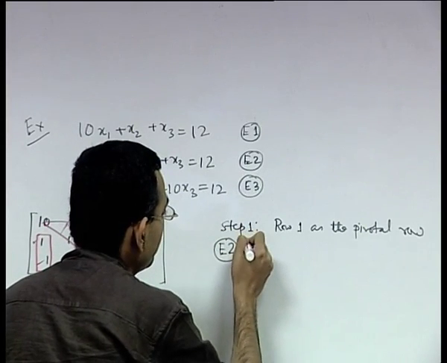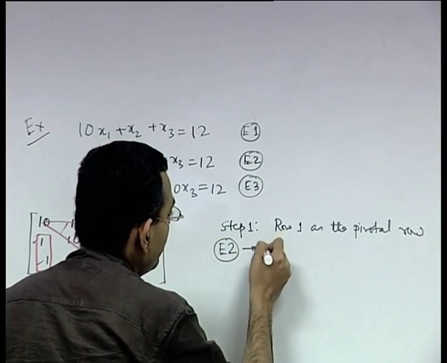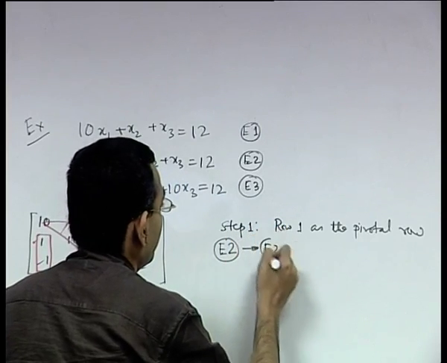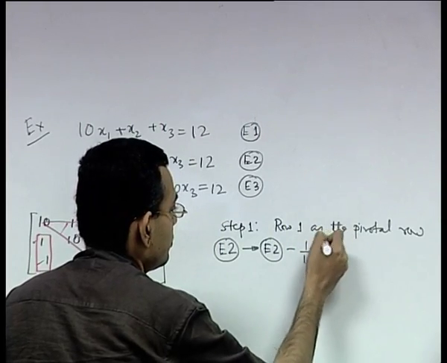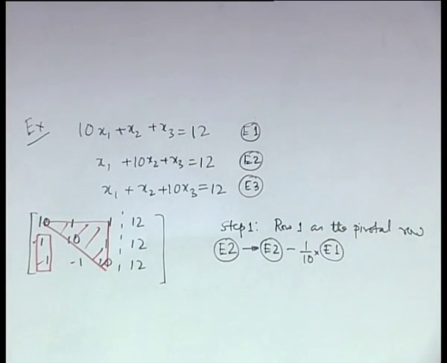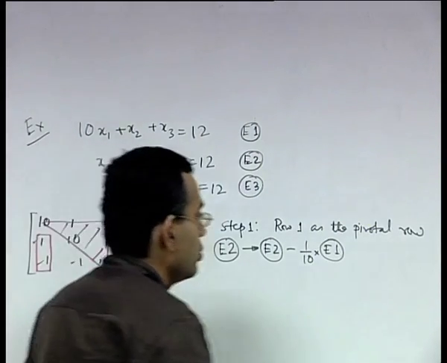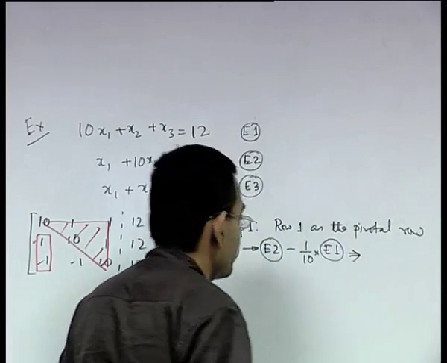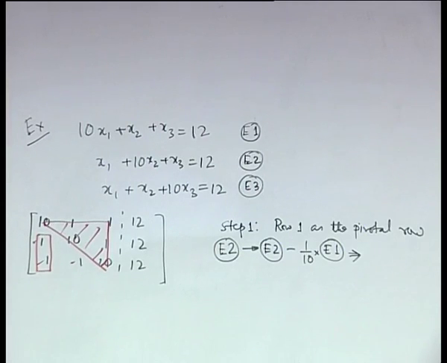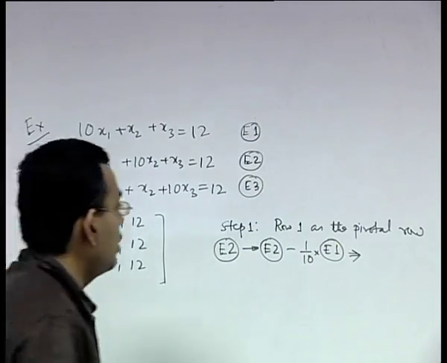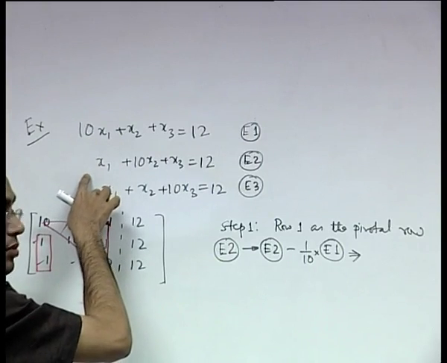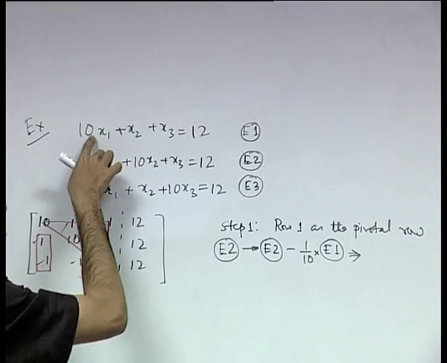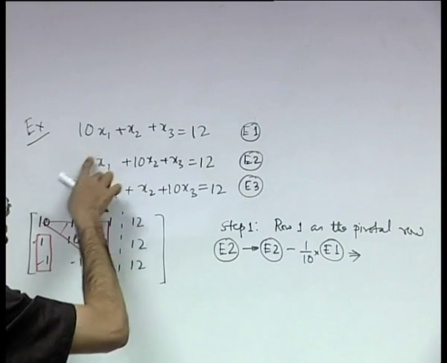New equation 2 is nothing but old equation 2 minus 1 by 10 into equation 1. What will that imply? Your x1 will be eliminated, because this is 1 minus 10 into 1 by 10, that is 1 minus 1, that will be 0.